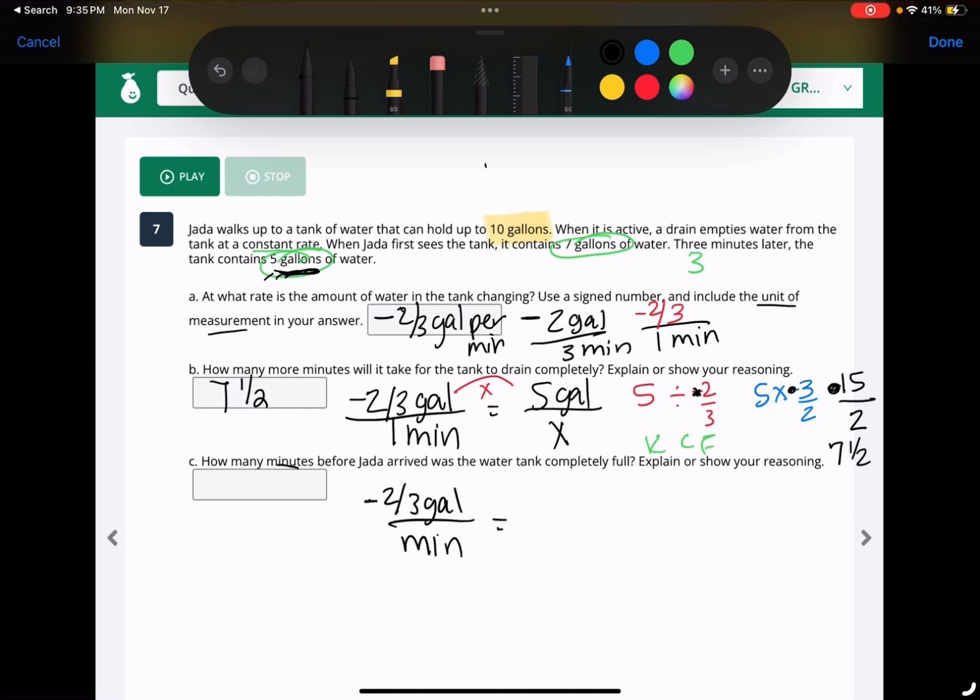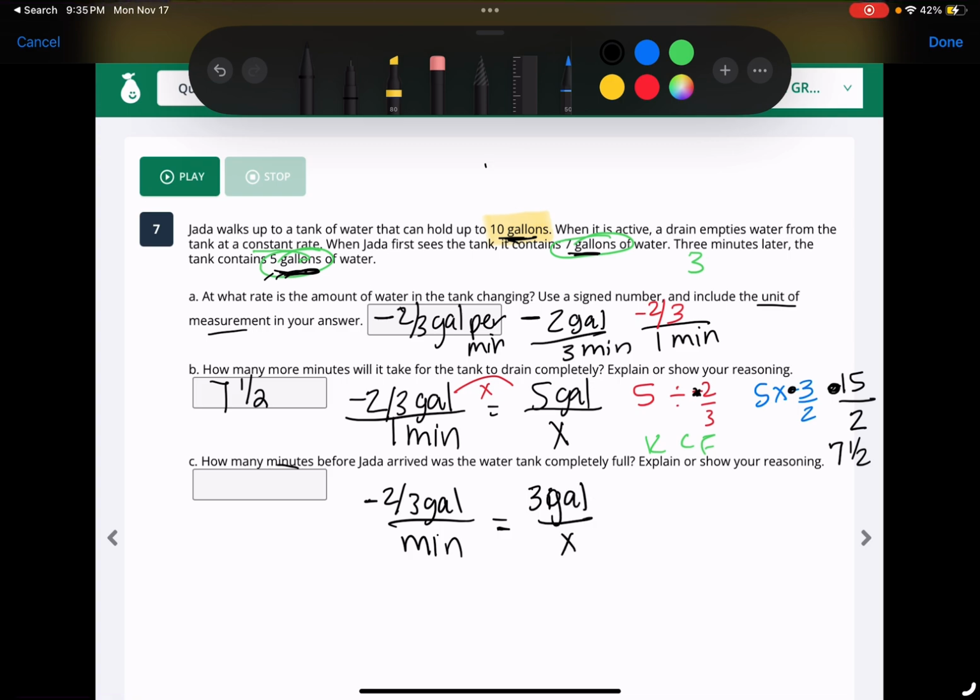But this time it says before Jada arrived. So when she arrived, it was 7 gallons. But it says how many minutes before Jada arrived was it completely full? Well, it's going from 7 gallons to 10 gallons to get it completely full. So we want it to go up 3 gallons.